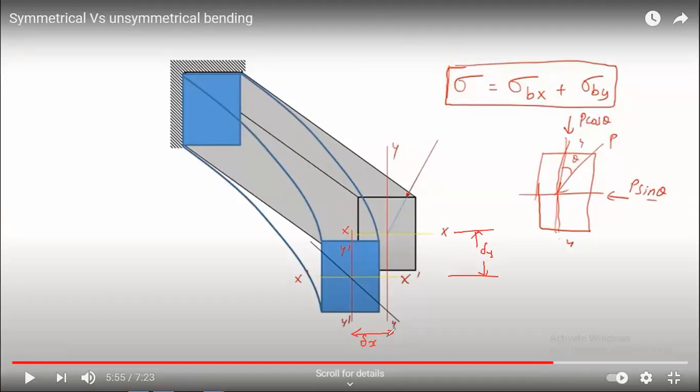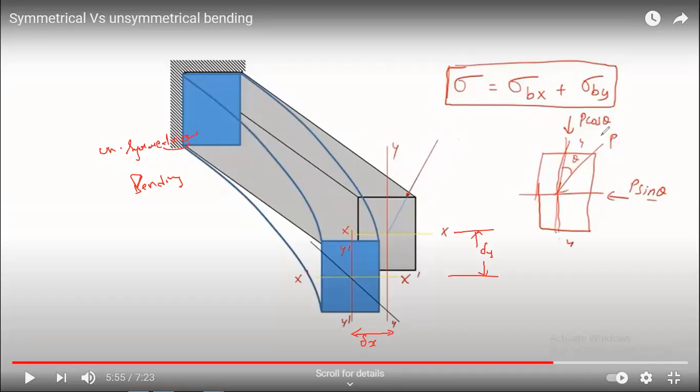So when the beam is subjected to an inclined load, where the load is passing through its centroid, the beam will definitely undergo bending in both the x and y axes. This kind of bending we call unsymmetrical bending.